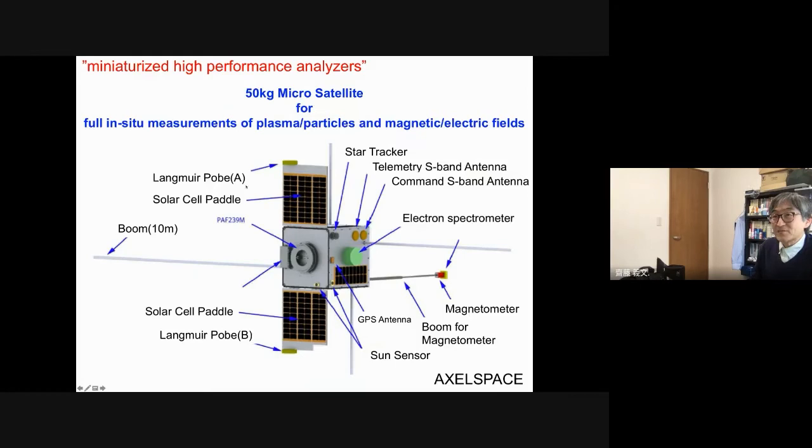In order to realize this, we have to develop lightweight, rigid booms for the plasma wave measurements. We also need the boom for magnetometers. And another thing we have to develop is lightweight, small, low-energy particle spectrometers.